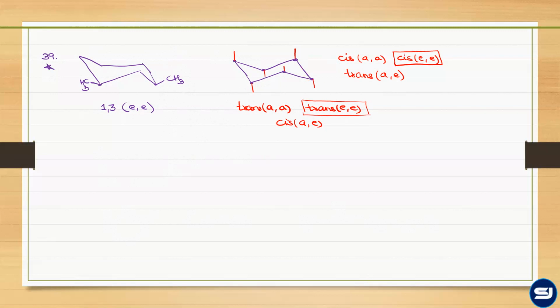But in the case of 1,3, the cis is more stable with the simple reason that the two substituents are on the equatorial position when it is the cis arrangement.